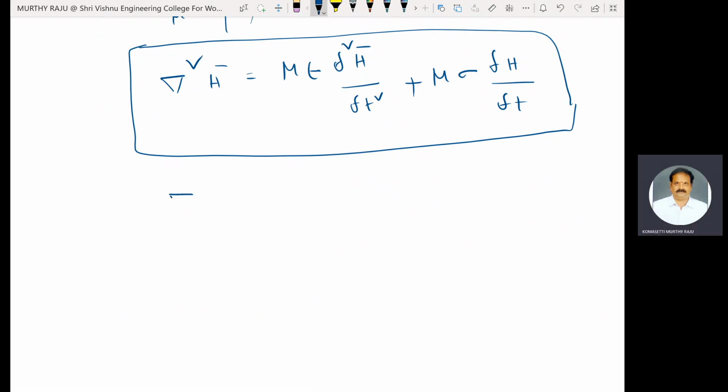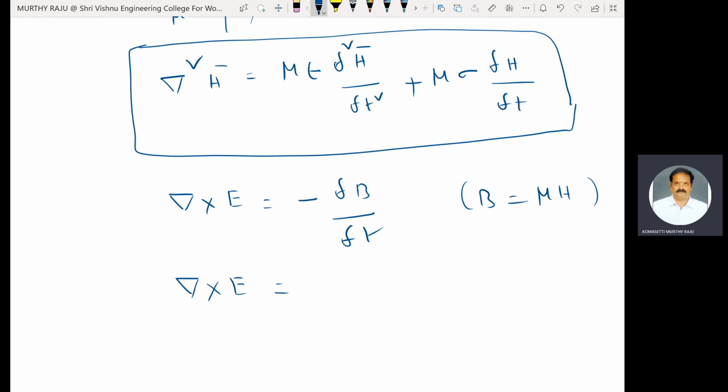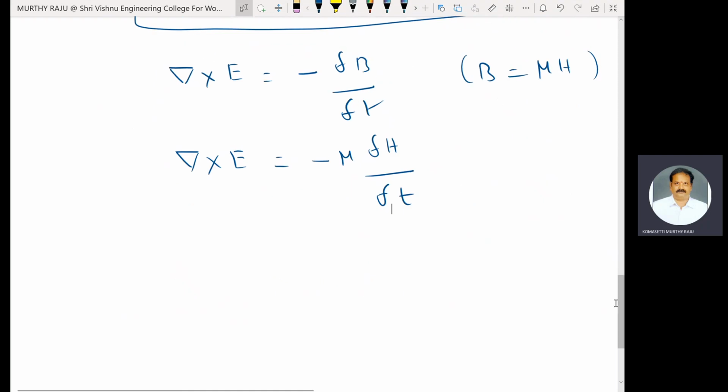Del cross E is equal to minus dou B by dou T. B is equal to mu H. Therefore, del cross E is equal to minus mu dH by dt. Take curl on both sides here.